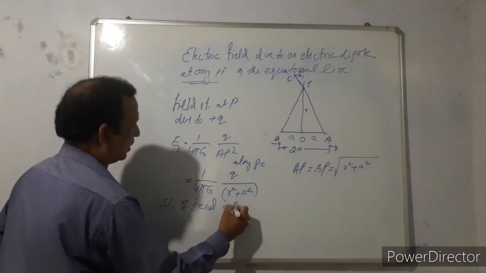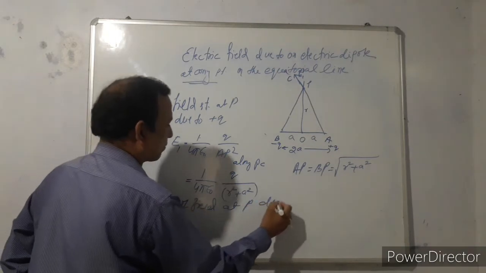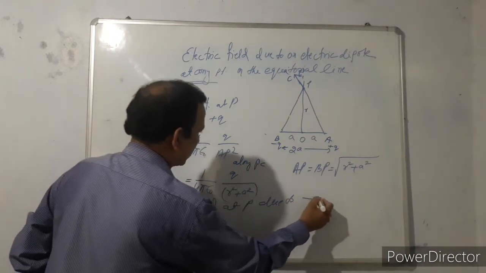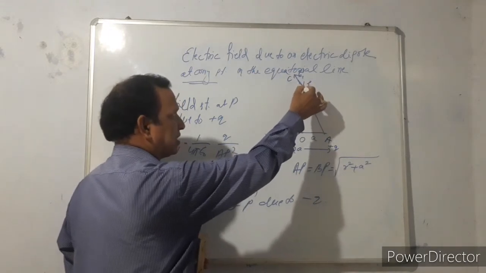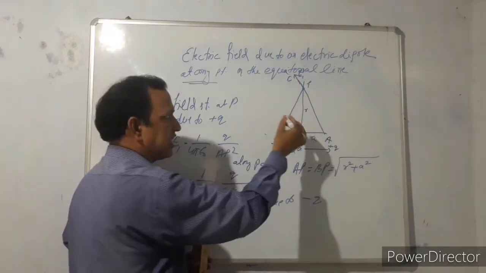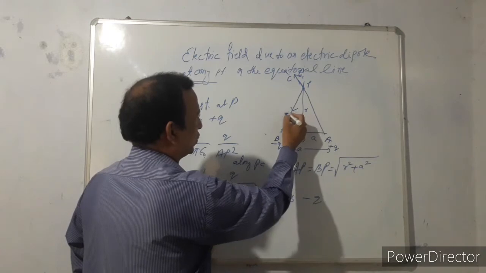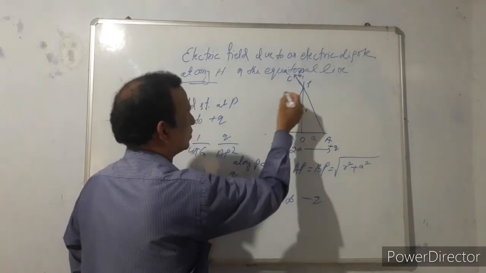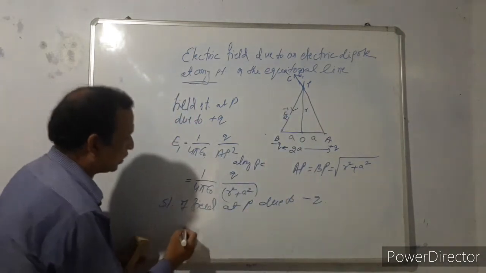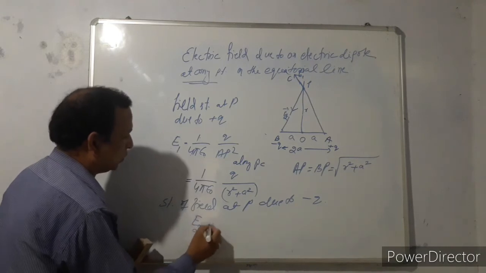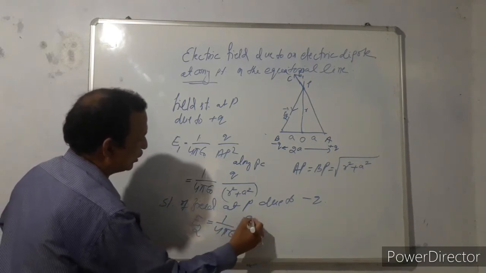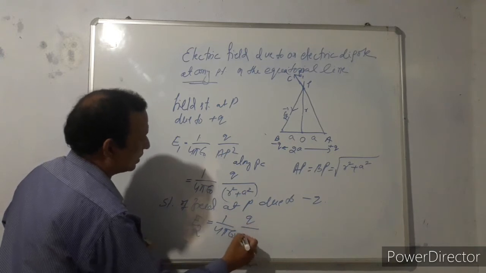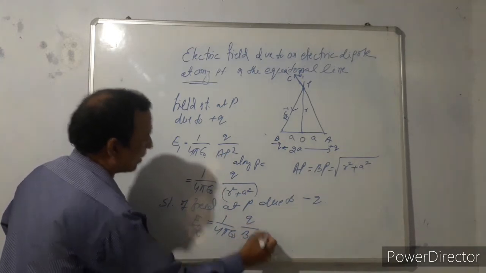Now the strength of the field at P due to minus Q. For a unit positive charge, plus and minus attract each other. So this is E2. The magnitude of E2 is equal to 1 by 4 pi epsilon naught Q by BP square.